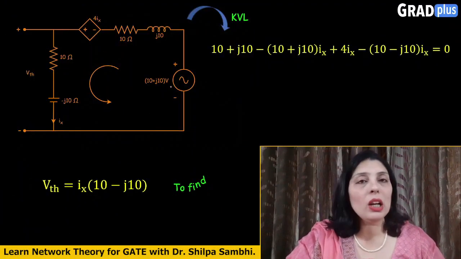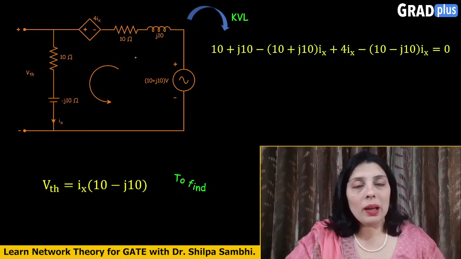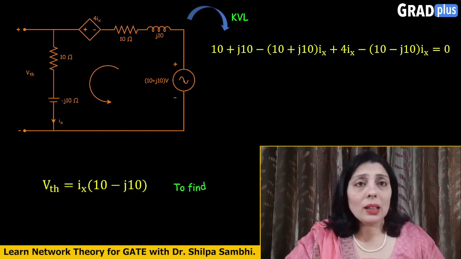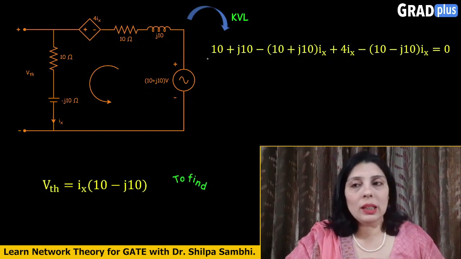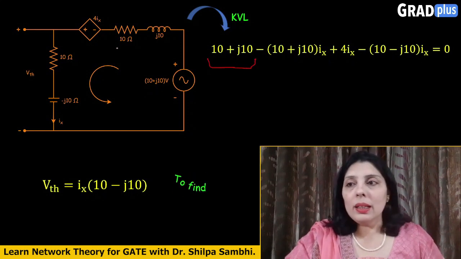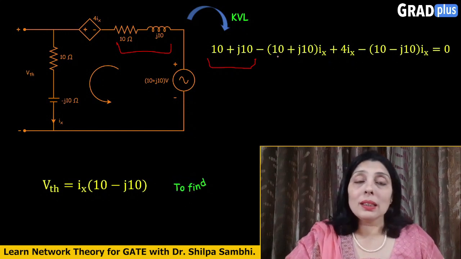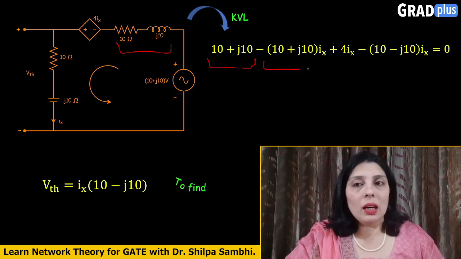For that purpose, let's consider this big loop where the current Ix is flowing and apply Kirchhoff's voltage law here. Let's start with the voltage source. The value for the voltage source is 10 plus j10, which is written here. This impedance is 10 plus j10, but because it is an impedance, it is passive, so it is associated with a negative sign: minus (10 plus j10) into Ix.